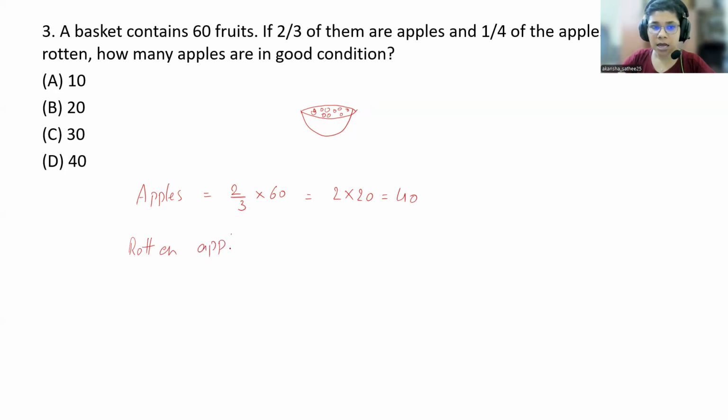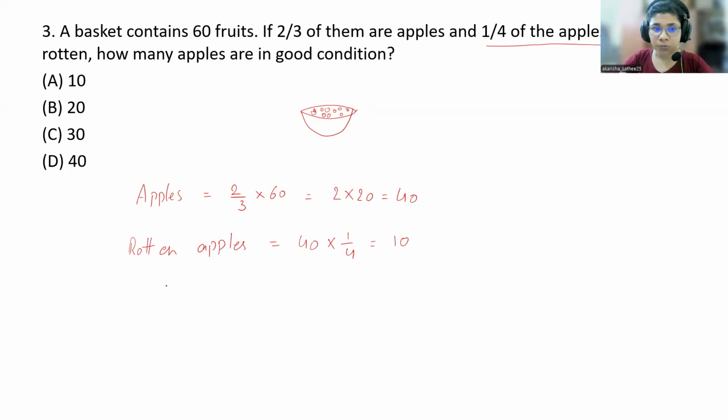Rotten apples is equal to 1 by 4 of 40. You know that 4 and 4 will get cancelled. You will have 10. So 10 apples are rotten.